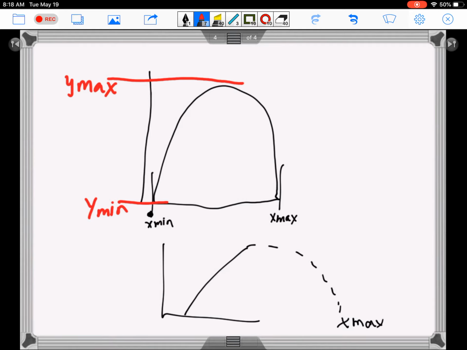So your y max should be set at least as high as your maximum. It can go a little higher, but if you set it down here, you're only going to get a cutoff, which is what we were seeing. So we need to increase our maximum.